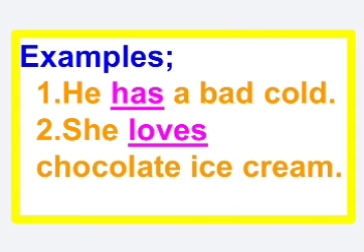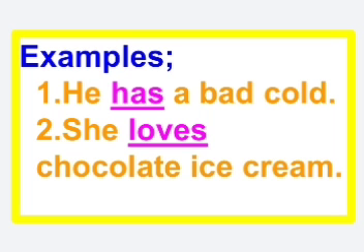So let's see the example. See the first example: He has a bad cold. Can you guess the verb in this sentence? It is "has", from the verb to have. See the next example: She loves chocolate ice cream.